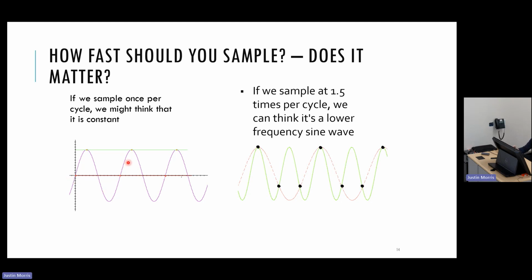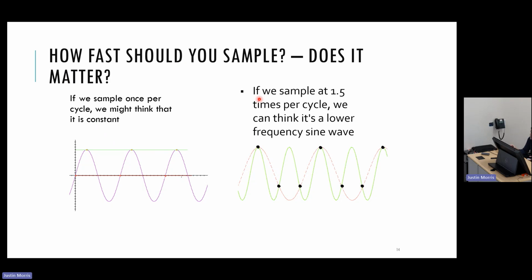If the sine wave frequency is 1 hertz, and we're sampling at 1 hertz, then every single time we sample, we get the same value. So we might think that it's not a sine wave. What would we think that the input signal is? Yeah, just constant. So we need to sample a little bit faster, because if we have too low of a sampling frequency, we might mischaracterize our inputs, right?